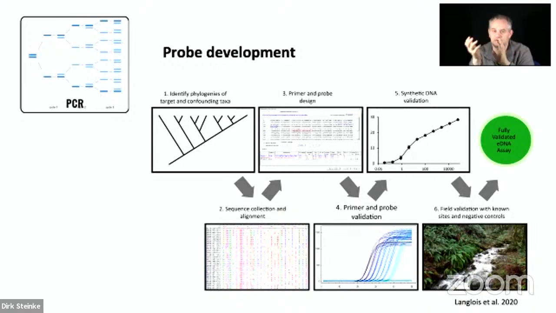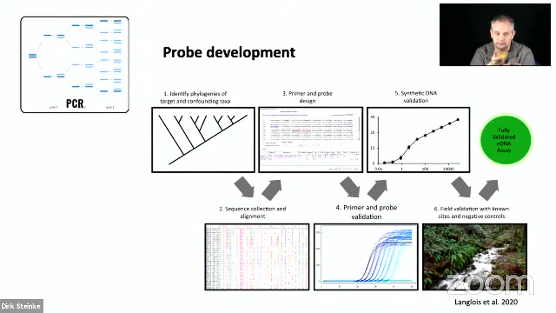So you do sequence collection, you look at alignments, you do primer and probe design, you figure out if the primers function properly for this particular species, if your probe binds properly, and if it doesn't bind anything else that's not your species. That's the other thing you really have to look at, so you don't have too many false positives in your mix.